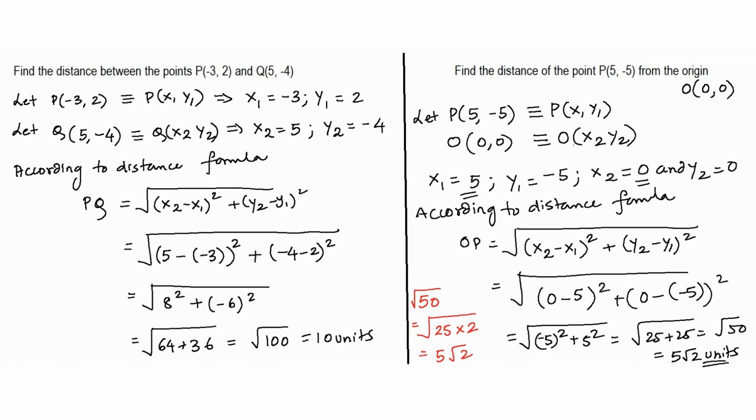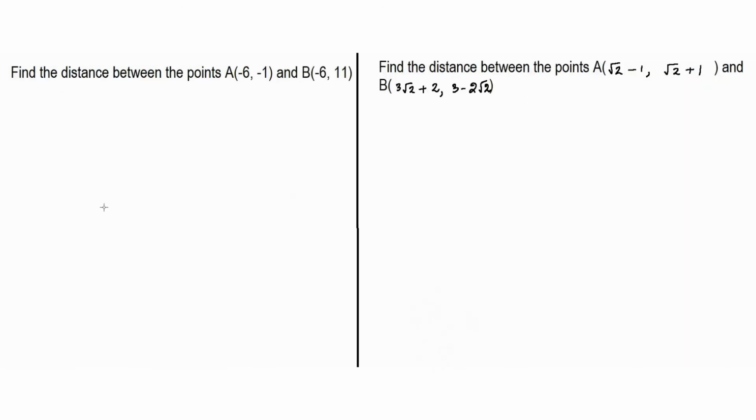Moving on to the next set of questions. Let's consider these two questions. Find the distance between the points A of -6, -1 and B of -6, 11. So I would say let A of -6, -1 correspond to A of x1, y1, and therefore from this I can conclude that x1 is -6 and y1 is -1.